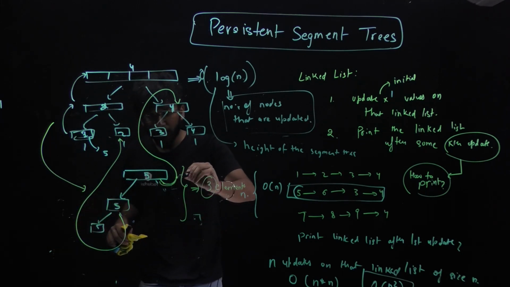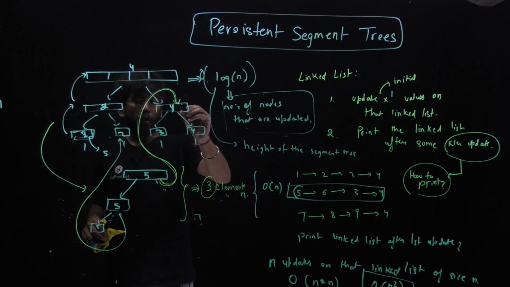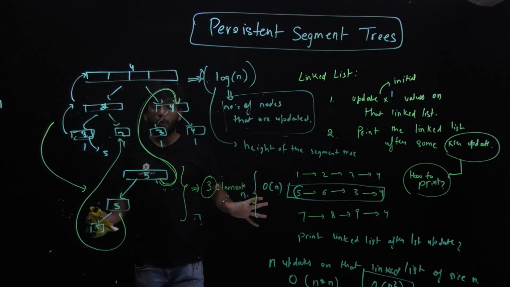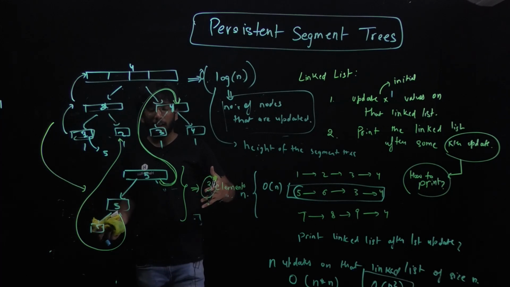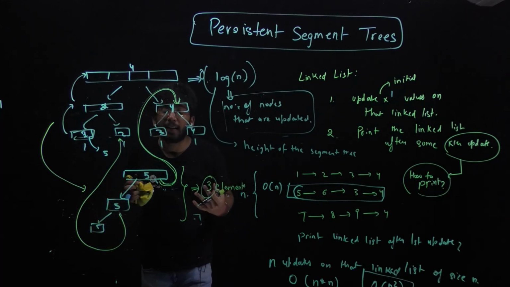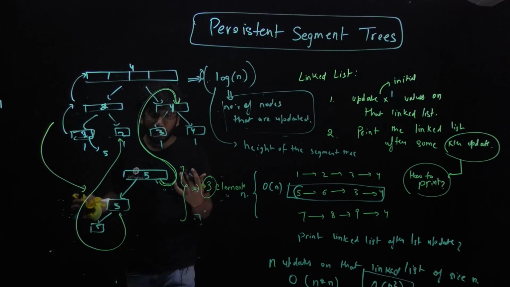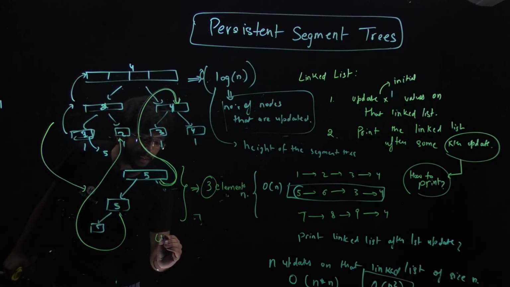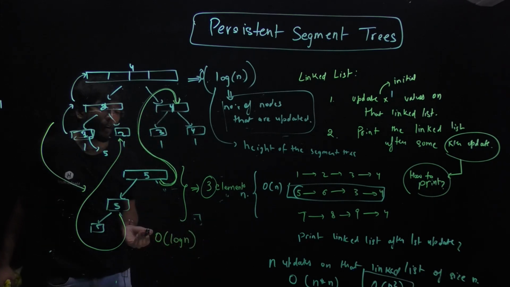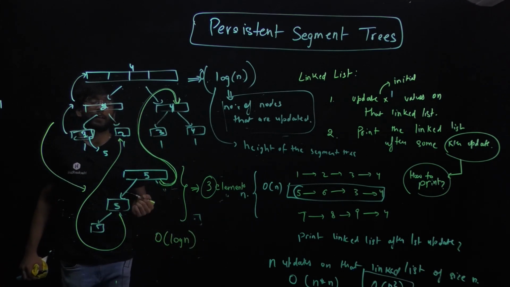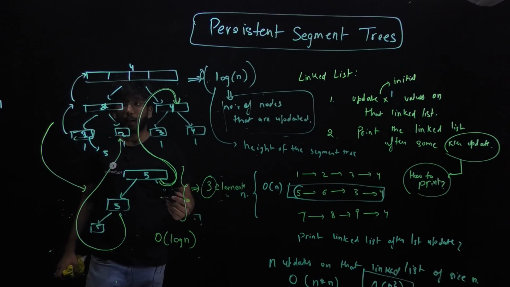They keep the pointers to the entire portion of the segment tree which was being used earlier, so that we do not create it repeatedly. And therefore, in persistent segment trees, we have O of log n time as well as the space complexity for each update.